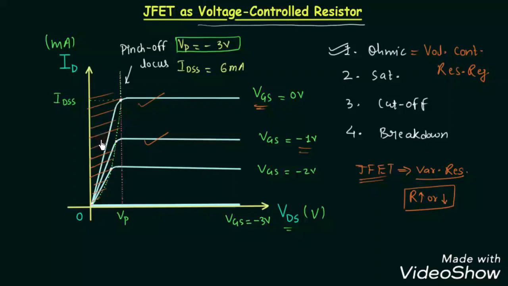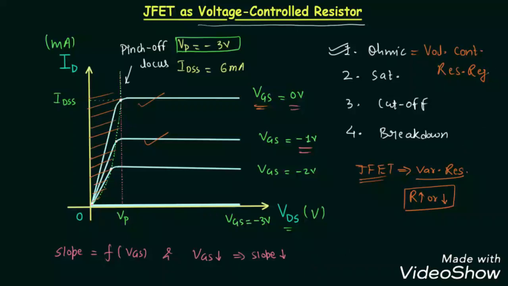is decreasing, and we have to see the ohmic region only. If you compare the first line with the second line, then you will find the slope of the first line is more as compared to the second line, and for the first line VGS is equal to 0 volt, and for the second line VGS is equal to -1 volt. So we can say that slope is the function of controlling voltage VGS, and on decreasing VGS, making it more negative, slope will also decrease.